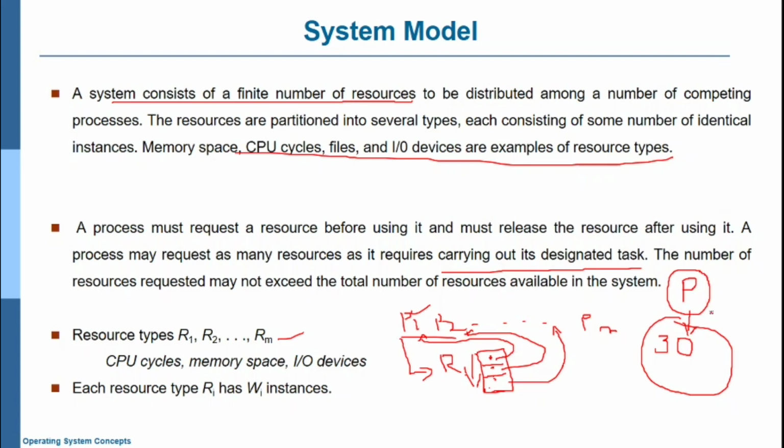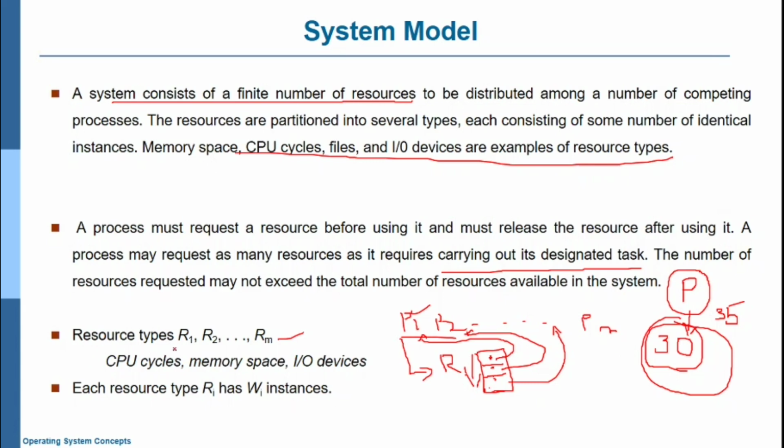For example, if it requires 30 resources to complete its task, it cannot ask for 35, because the system has only 30 available. It cannot expect more than that, so it has to complete within the designated resources available in the system.